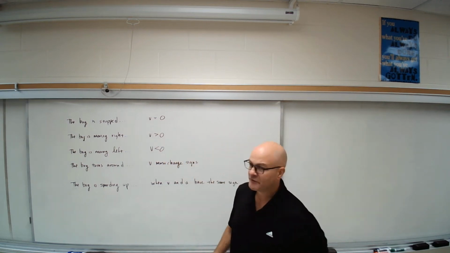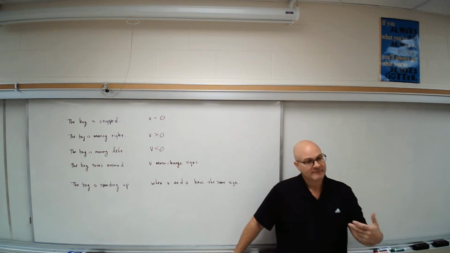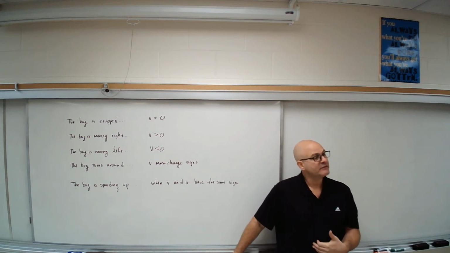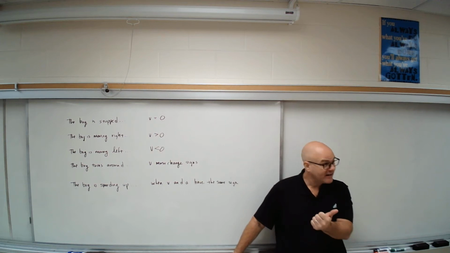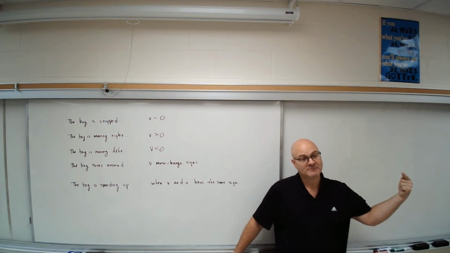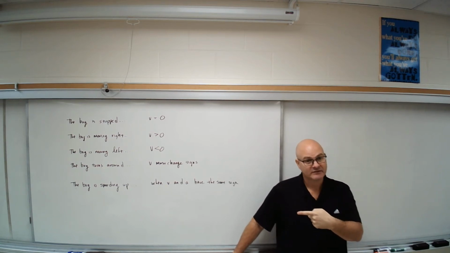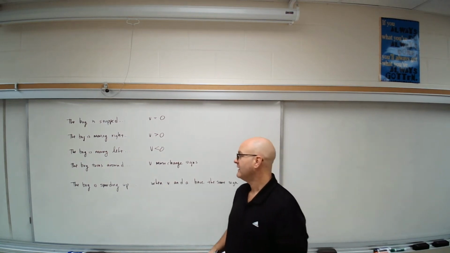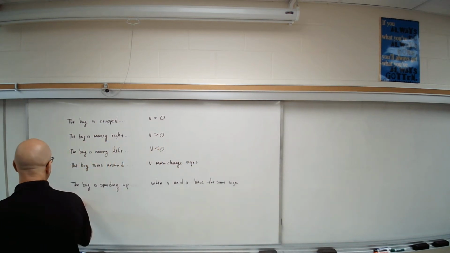sign. Right? So if they're both positive, that means it's speeding up. If they're both negative, that means it's speeding up. If they're both positive, it means it's speeding up as it moves to the right. If they're both negative, it's speeding up as it moves to the left. So just be careful there. And then the bug is slowing down.